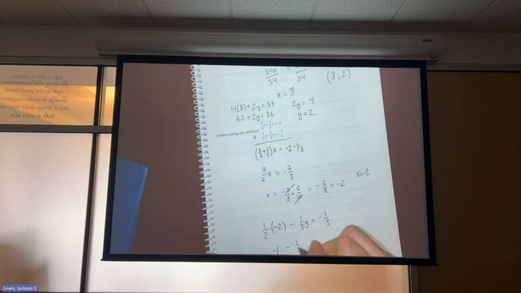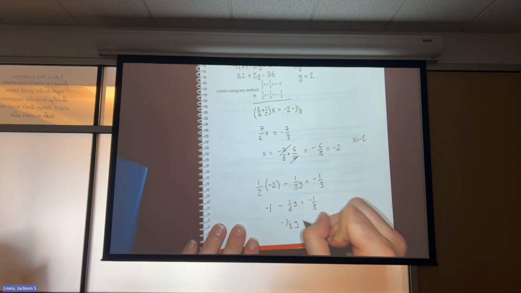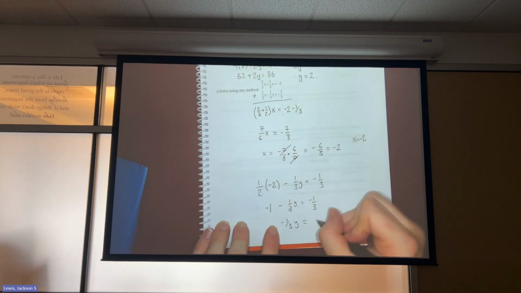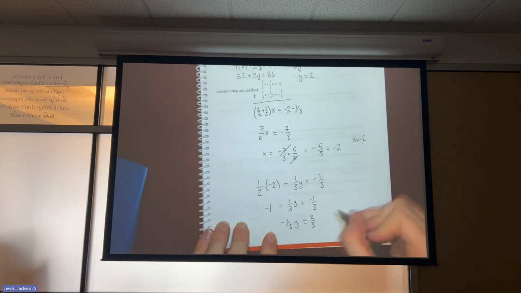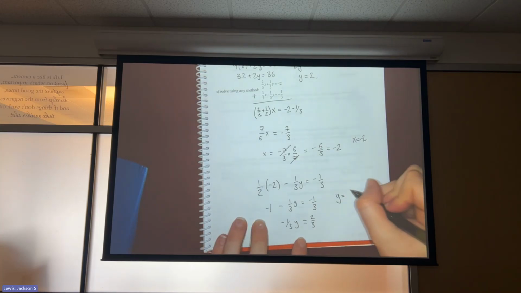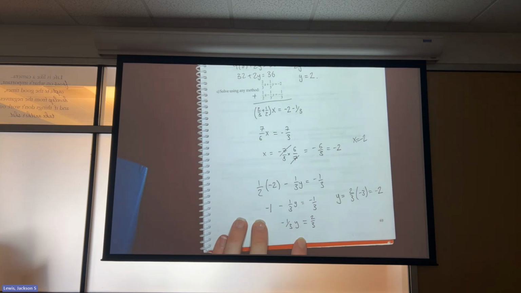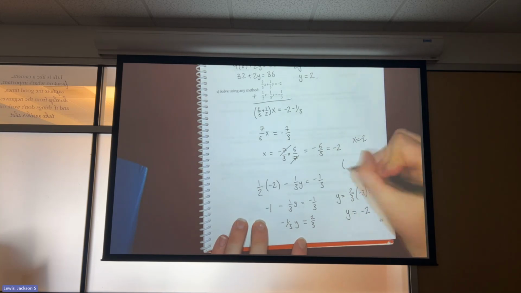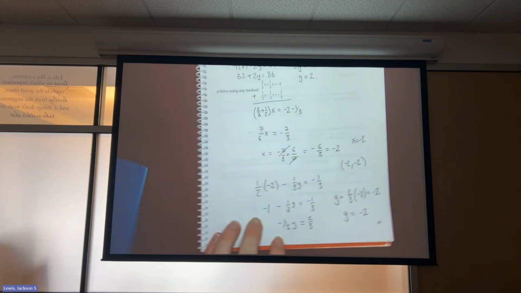Negative 1 minus 1/3 y equals negative 1/3. I'll add 1 to both sides, so I get negative 1/3 y equals negative 1/3 plus 1, which is 2/3. So y is 2/3 times negative 3, negative 2. So I also get that y is negative 2. My solution set is negative 2 and negative 2.